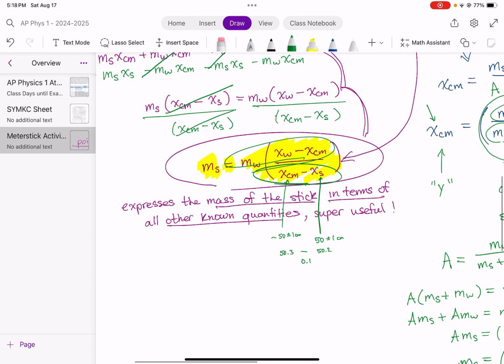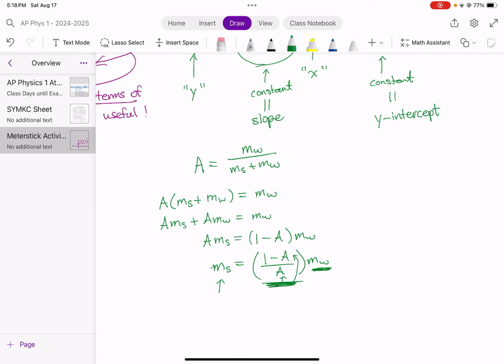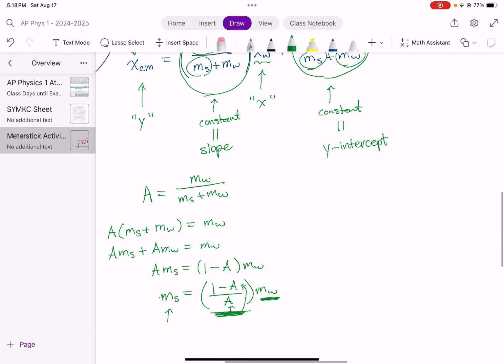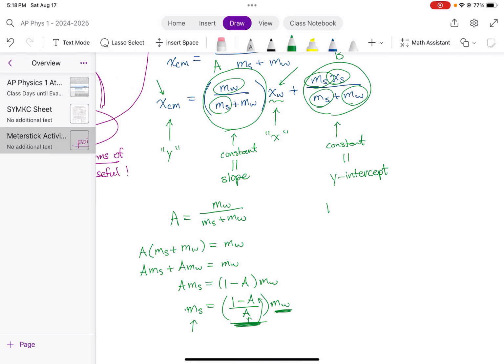What doesn't show up is something where we have some kind of subtraction on the bottom, where our errors can actually explode the value of our calculated value, right? That doesn't happen here. That's awesome, because we know there's going to be errors, but we want to minimize their effect. We also have this secondary way to calculate the mass of the stick. We have B equals MS XS over MS plus MW.